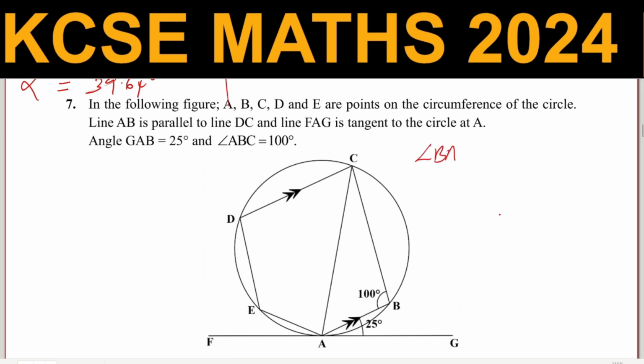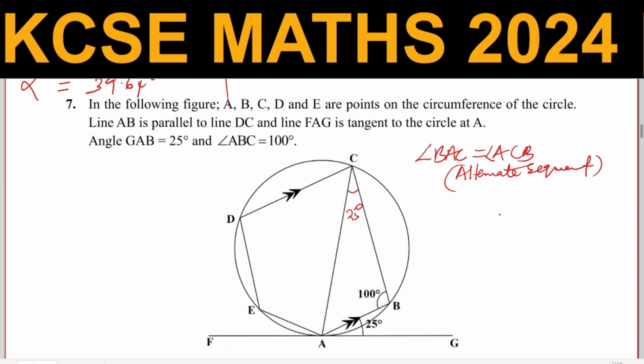Angle BAC is equivalent to angle ACB, and the reason is these are angles in the alternate segment. So therefore this angle is 25, and therefore this angle is 25.